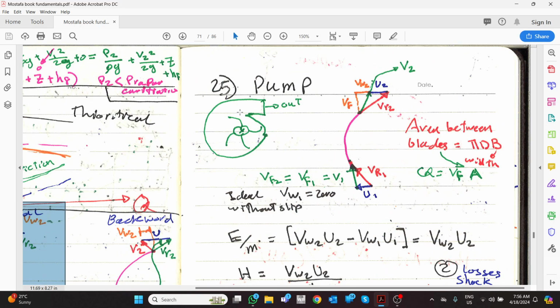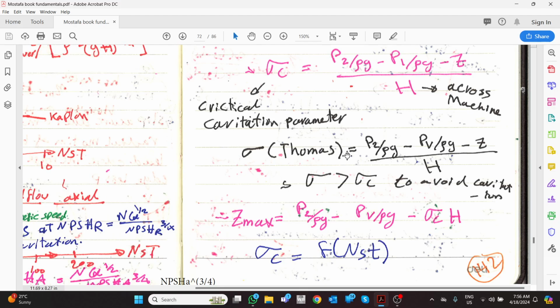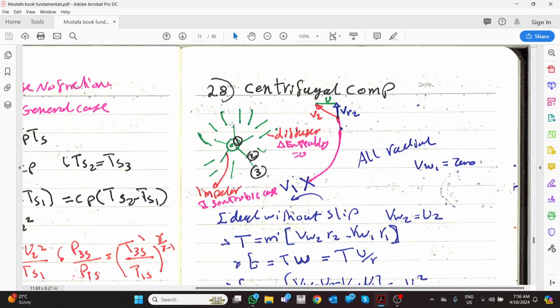Why? Because here we didn't have a volute case, we have a diffuser, and this diffuser acts to change from kinetic to pressure energy.